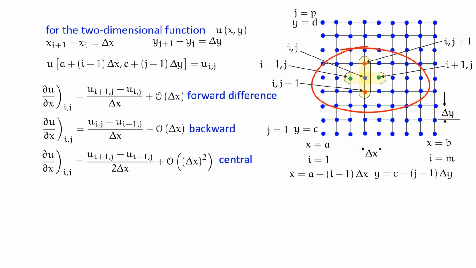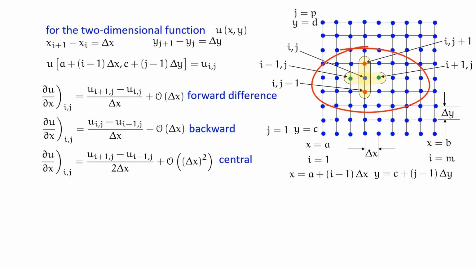The left side is (i minus 1, j), that is simply jumping in the x coordinate one delta x to the left, and on the right side this other green point is (i plus 1, j), once again jumping in the x direction by delta x. Similarly, these red points are j plus 1 and j minus 1, which are jumping up and down in the y direction by delta y.